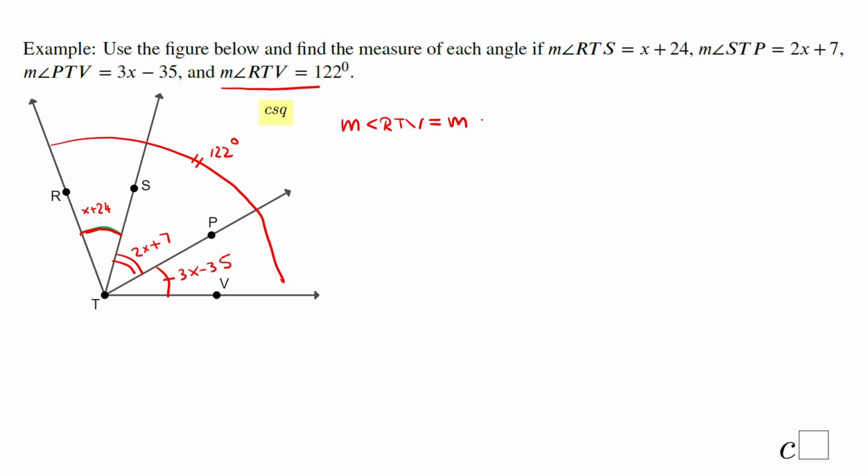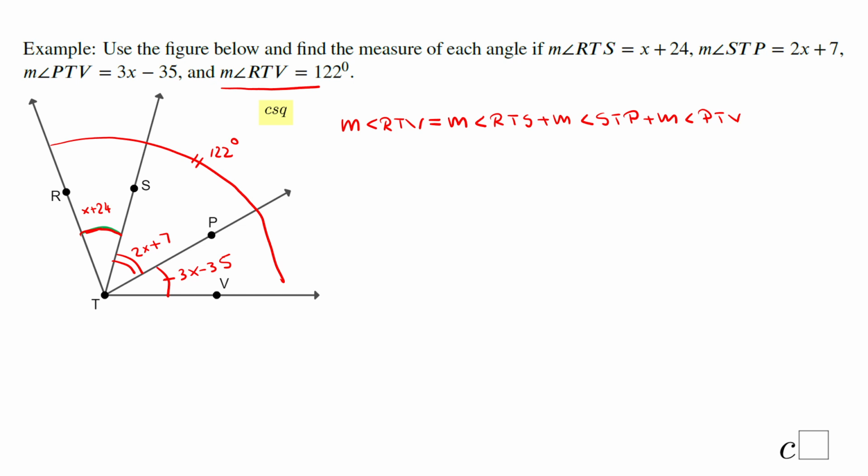The measure of angle RTS plus the measure of angle STP plus the measure of angle PTV. Okay, so exactly what we've seen in the previous slide.